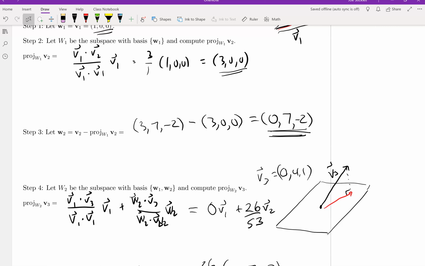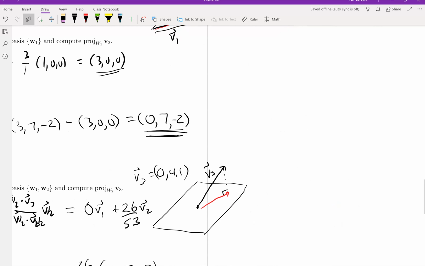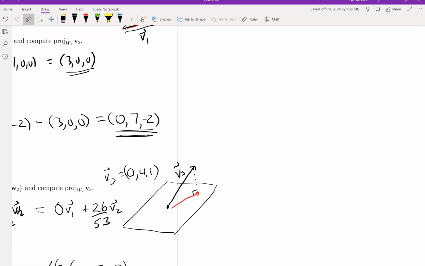Okay, so back to Gram-Schmidt. Again, the idea is to use the Gram-Schmidt process to create an orthonormal basis by doing this particular process. The process involves starting with your first vector, we call it V1. Our second vector is probably not orthogonal to V1.